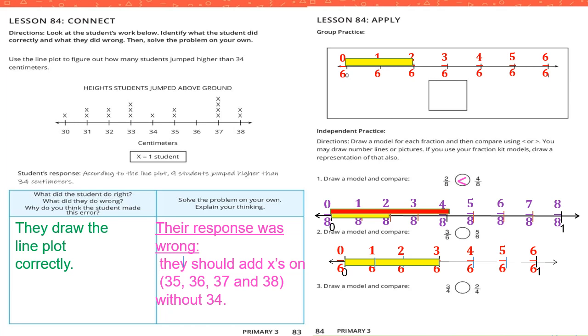Let's locate 5 over 6. You should start from 0 till 5 over 6. Which is bigger here? The blue line about 5 over 6 or the yellow line about 3 over 6? Yes, 5 over 6 is bigger than 3 over 6.